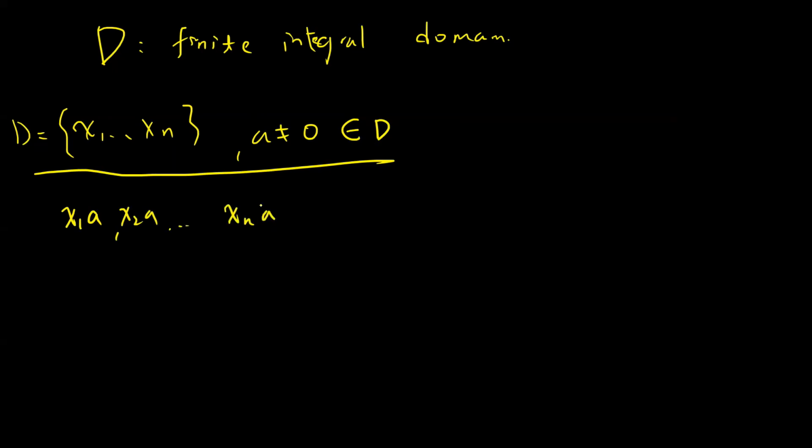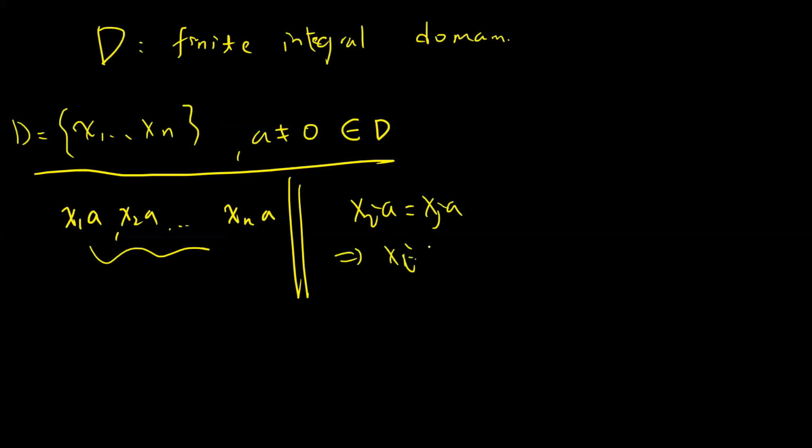We know that by closure they are all in D. But the question is whether they are all different. If two of them are the same, you get xi a equals xj a, so you get (xi minus xj)a equals 0, which gives xi equals xj or a is 0, right? But you know a is non-zero and xi and xj are different by definition. So they are all different, and so they must fill all of D.